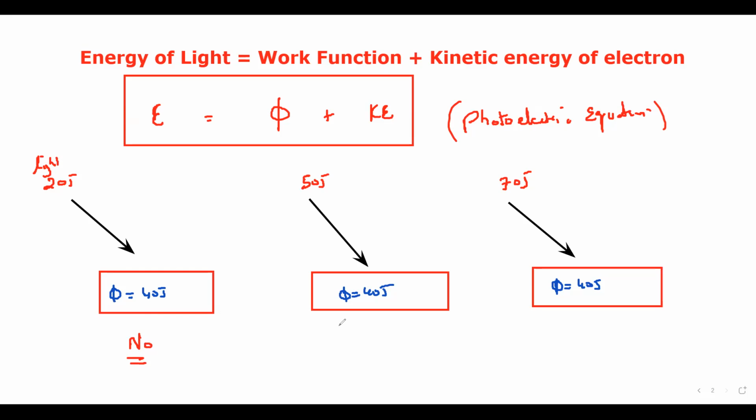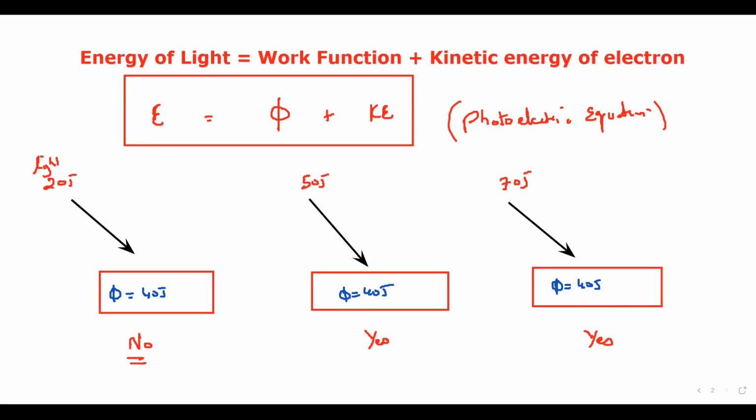For the second figure, the central one, the energy of the light is more than the work function, so yes, there will be a photoelectric effect. And the third one as well.